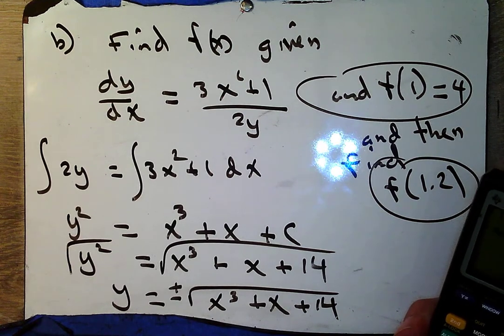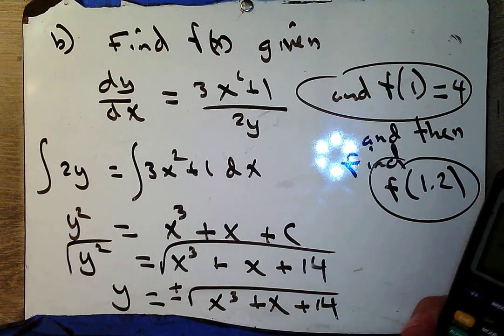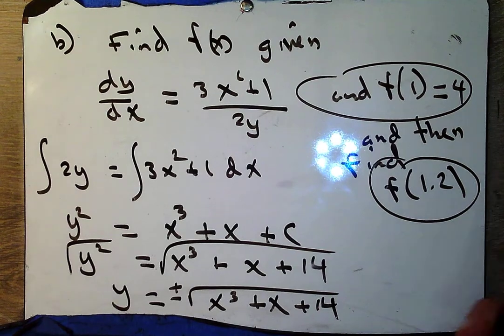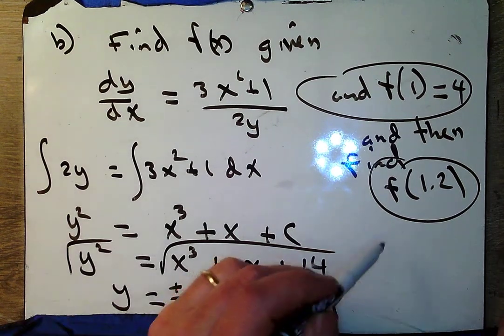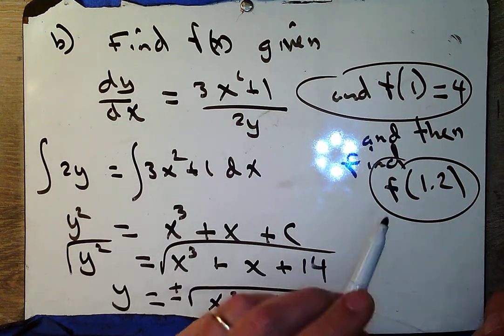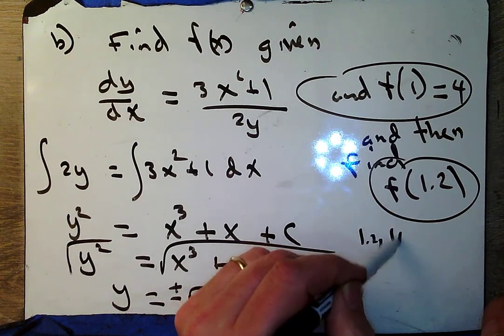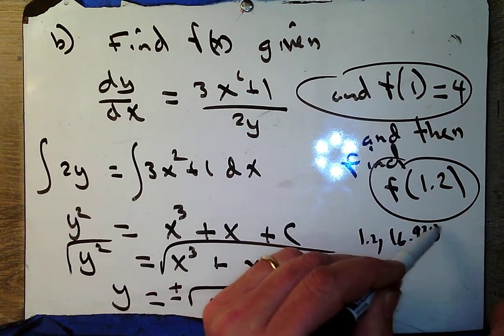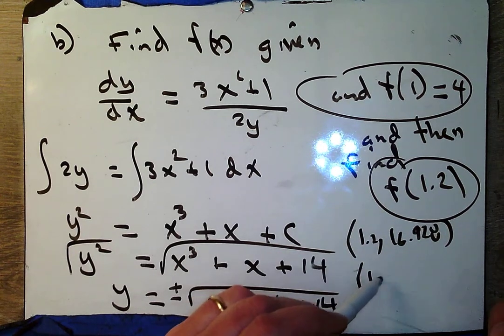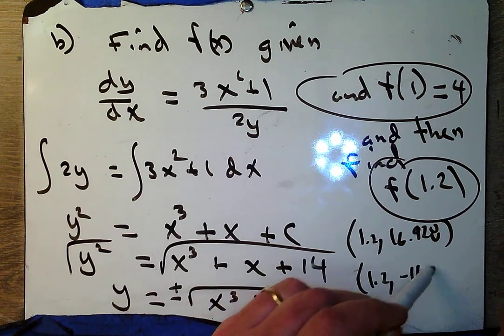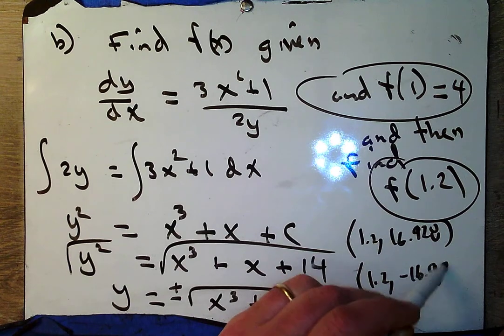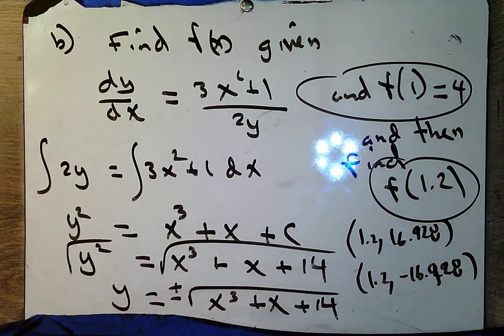Good. Plus 1.2. Yes. Plus 14. Good. And don't forget the plus and minus. And so we get that f of 1.2, comma, 16.928. But we also get 1.2, negative 16.928. Okay, 2 places. All right.